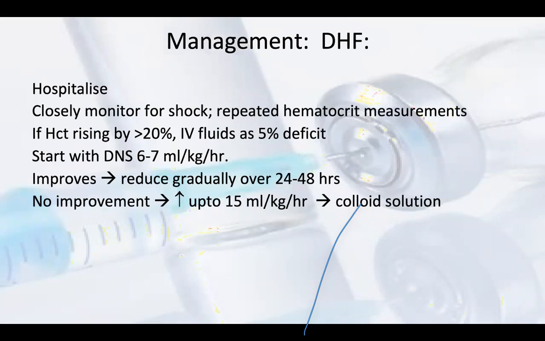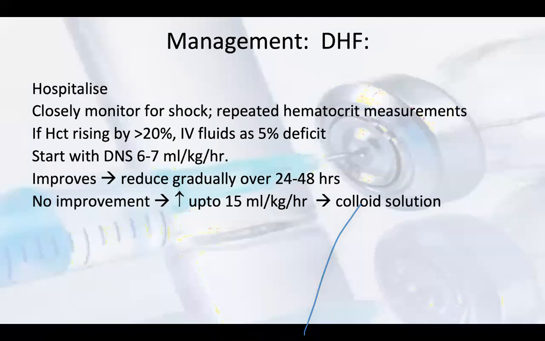Then if there is dengue hemorrhagic fever with bleeding, what do you have to do? Hospitalize the patient. Closely monitor for shock, with repeated hematocrit measurements.